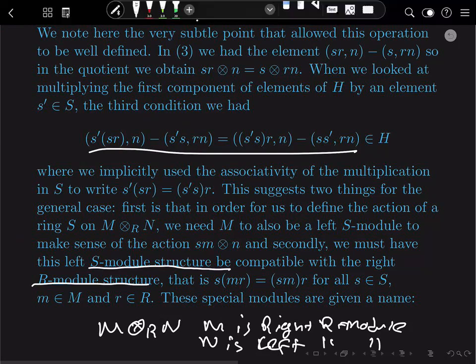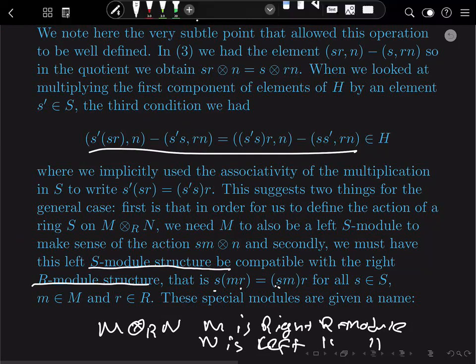So we want to make M a left S module, but we also want this associativity condition where if we act by S on the product of R acting on M, then we have S acting on M with R acting on the right. I think that makes sense.